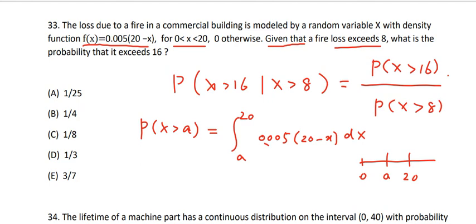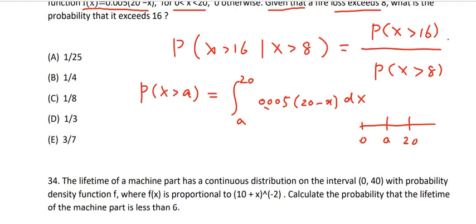Okay, so now we want to find this integration. For this integration, we can use substitution. Certainly we could separate it, right? But here we can use substitution. We regard 20 minus x as t.